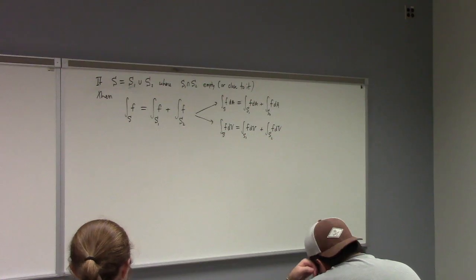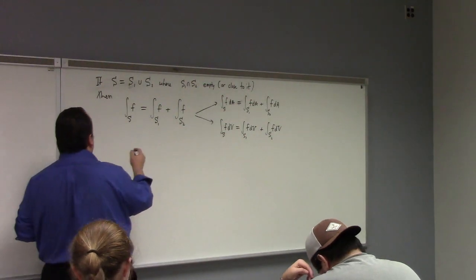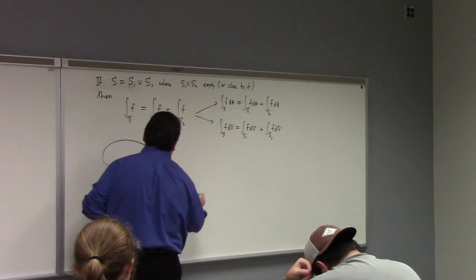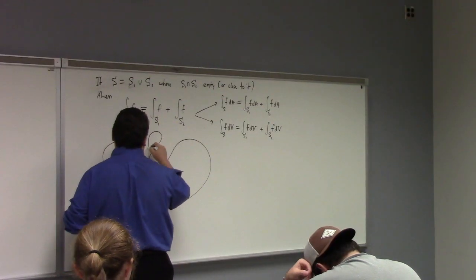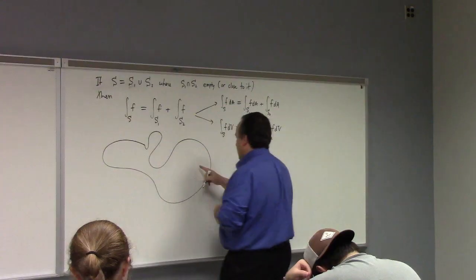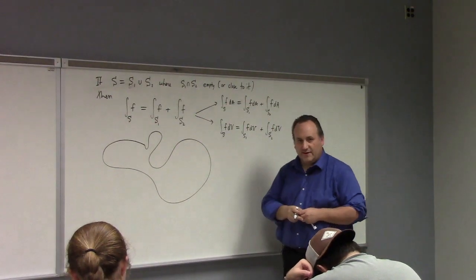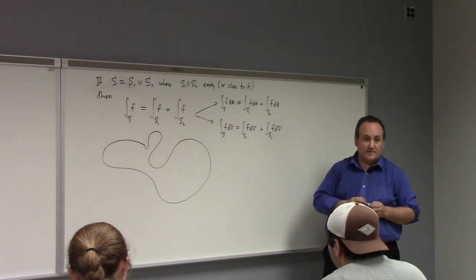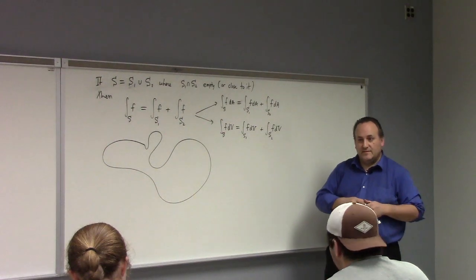So like in principle, theoretically, if I had some kind of funky shape like this, and I wanted to form the integral over whatever this thing is, suppose it's a subset of the plane, what would I do?